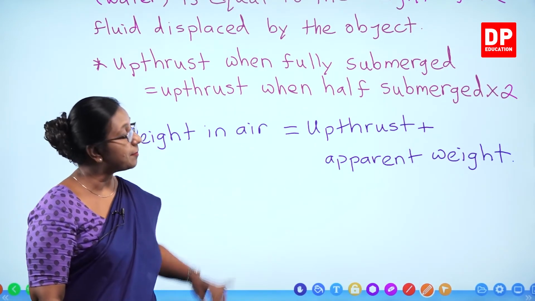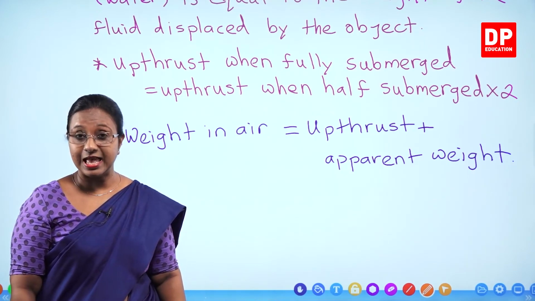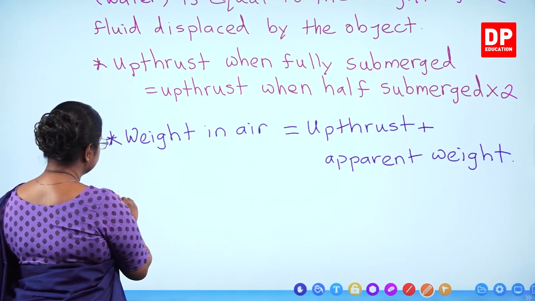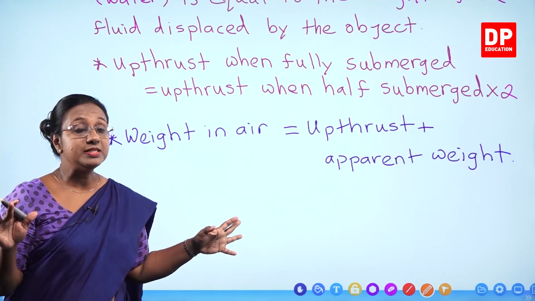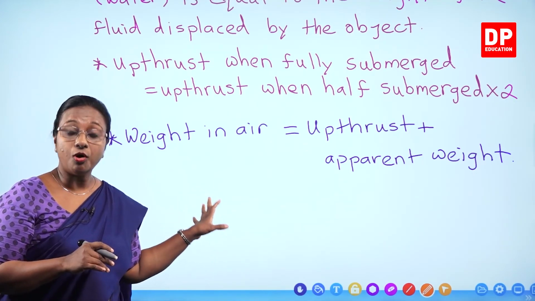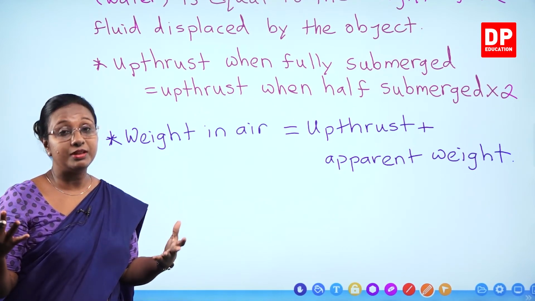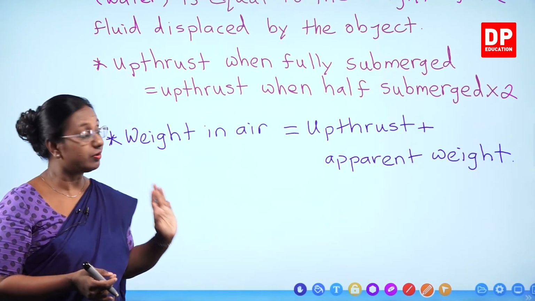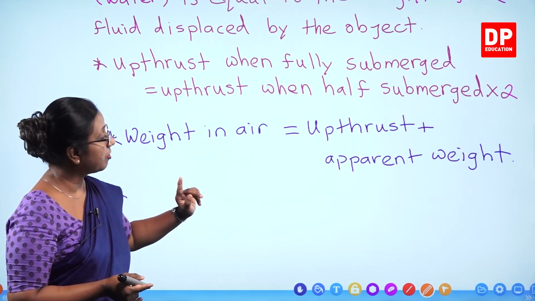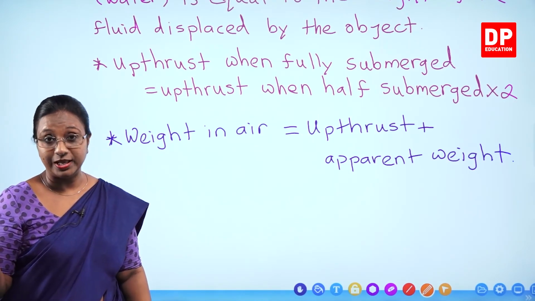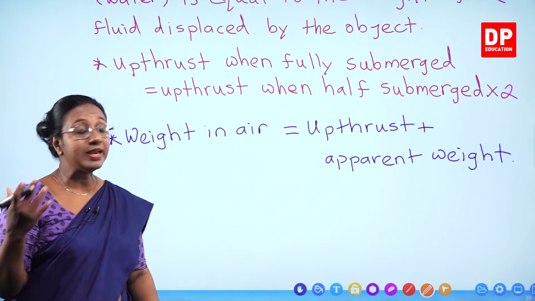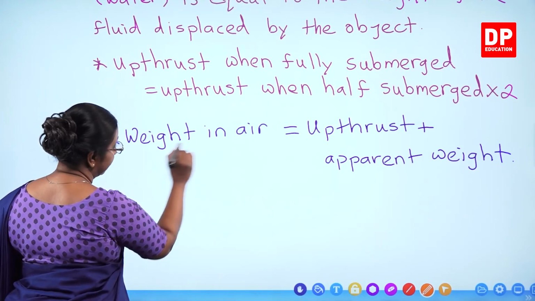That's why the apparent weight is always less than the real weight. So that is another thing you need to remember. Students, these are not laws or principles. These are what you observe and the points that you need to remember. So the weight of the object in air is equal to the upthrust plus the apparent weight, and the apparent weight is always less than the real weight.